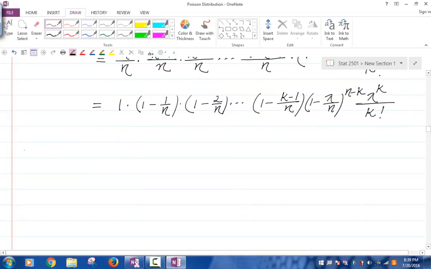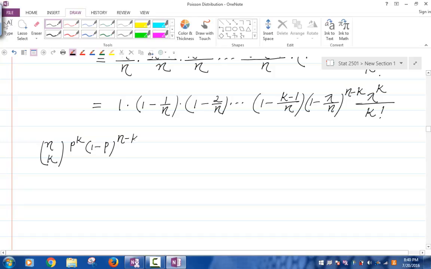So far, what we have obtained is the following. We started with n choose k, p to the k times 1 minus p to the n minus k.